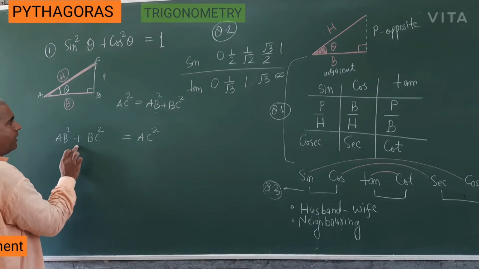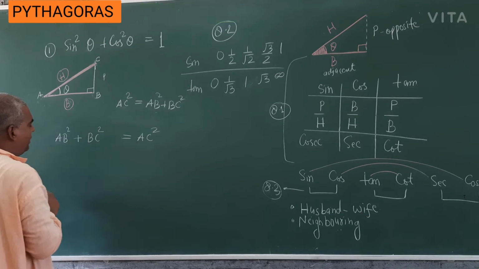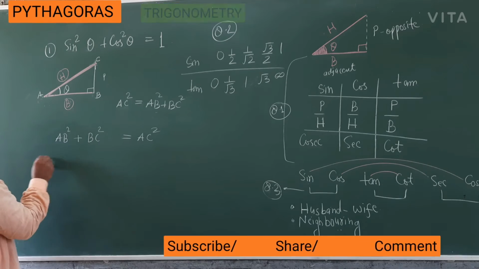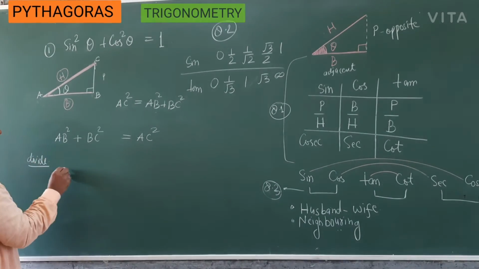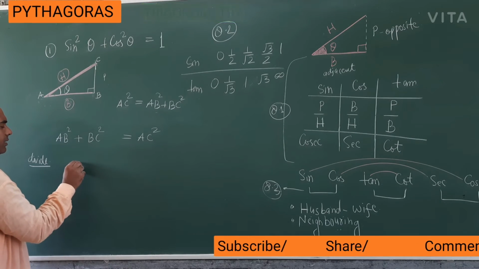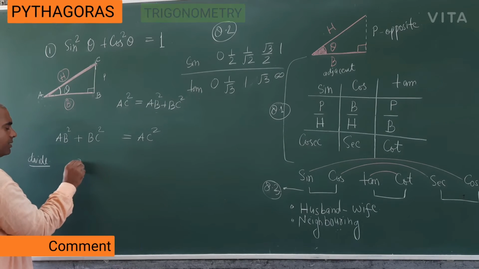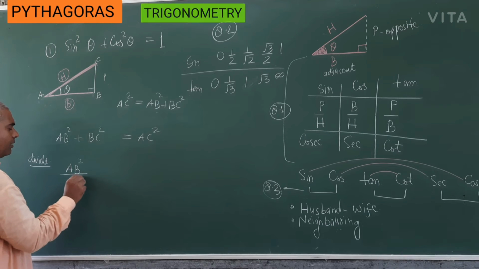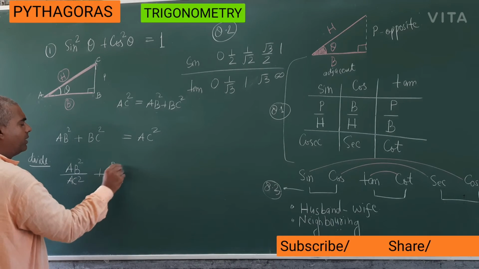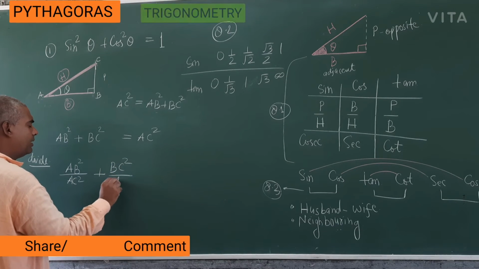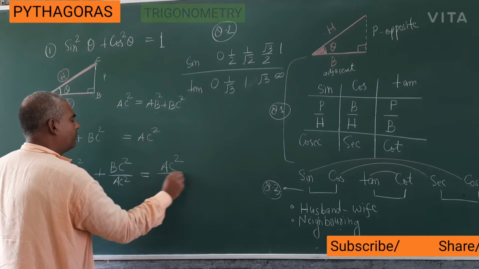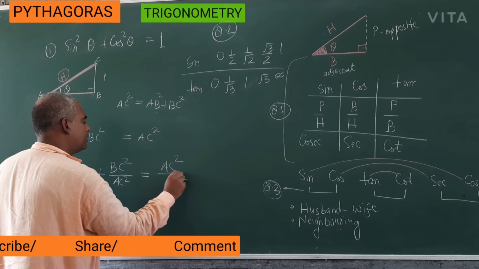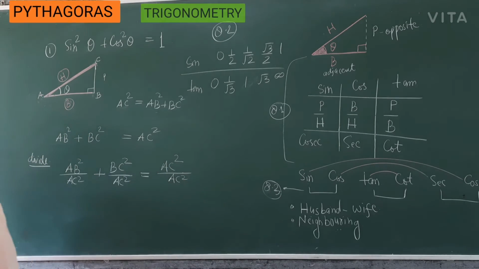So divide by AC square. Divide in all the terms. So AB square upon AC square, plus BC square upon AC square is equal to AC square upon AC square, means all the terms I have divided by AC square.